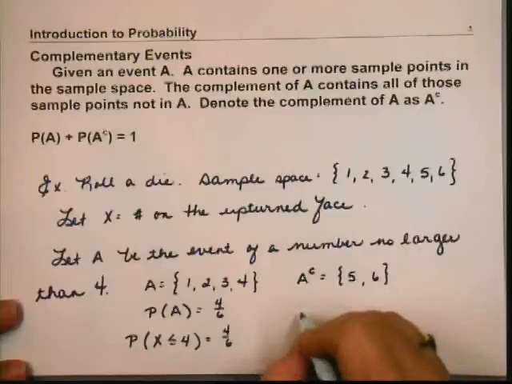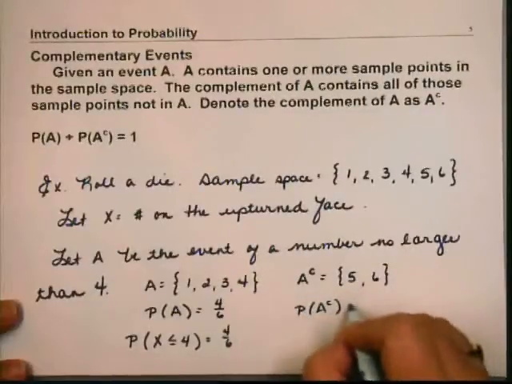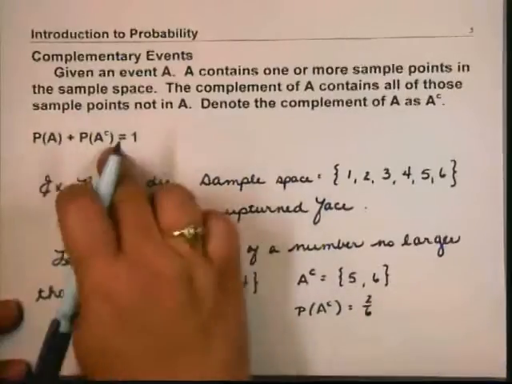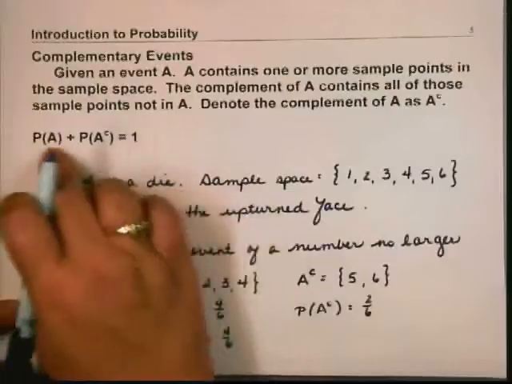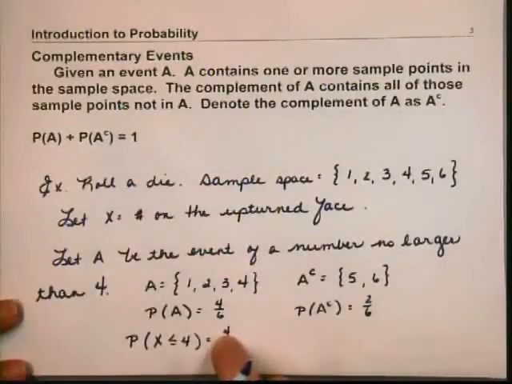And then the probability of A complement, we can see that there's 2 ways that happens. But using this rule, once we get into more elaborate events, all we would need to know is that we could take and subtract this probability from 1 to get the probability of the complementary event.